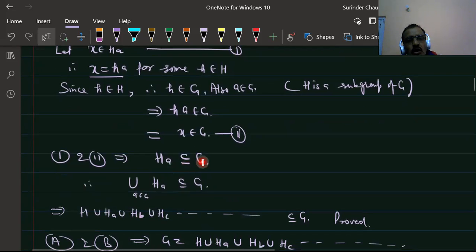Since ha belongs to G for all a belonging to G and for all h belonging to H, therefore the union over all a belonging to G of Ha is a subset of G. That is, H union Ha union Hb union Hc.